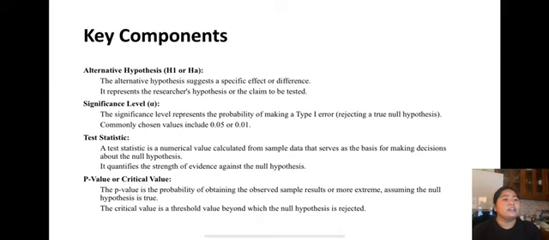It quantifies the strength of evidence against the null hypothesis. P-value or critical value. The p-value is the probability of obtaining the observed sample result or more extreme, assuming the null hypothesis is true. The critical value is a threshold value beyond which the null hypothesis is rejected.